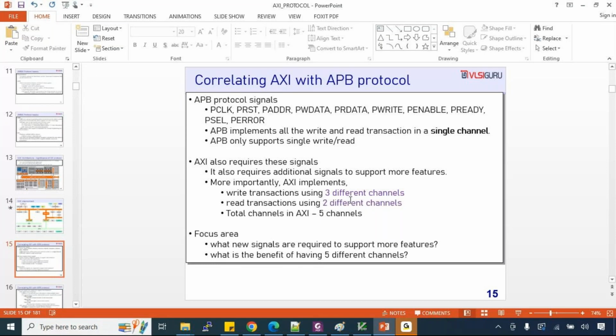For now, understand that having multiple channels improves the overall transaction efficiency. It helps multiple transactions to happen parallelly. Okay, you understand that point, right? These are the two very important advantages: multiple transactions, and they all can happen parallelly.